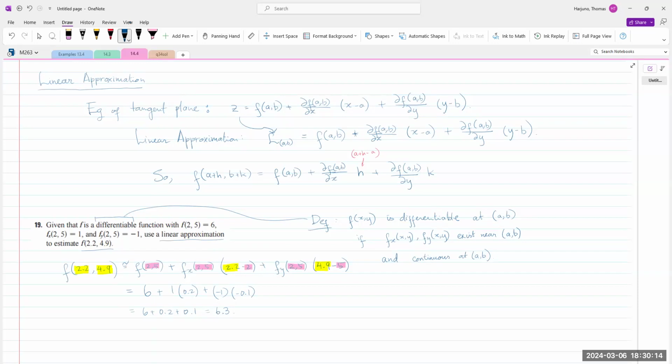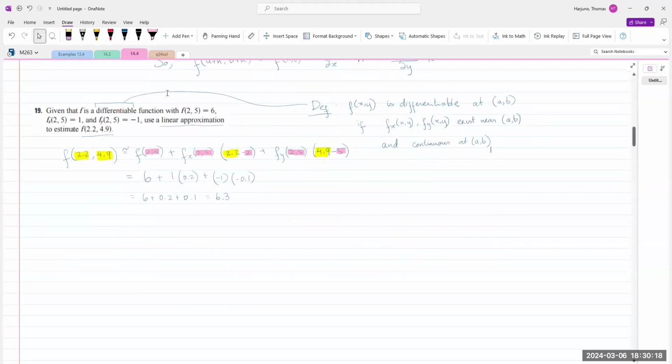If we try to view this linear approximation, which basically uses the tangent plane, take a look at this picture here. Suppose we have a surface like this.